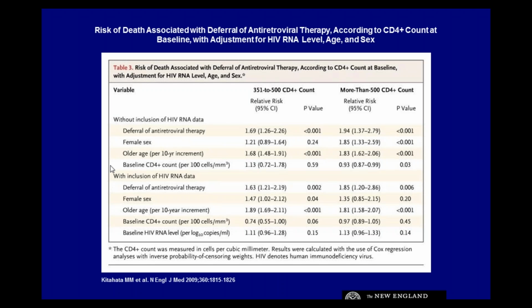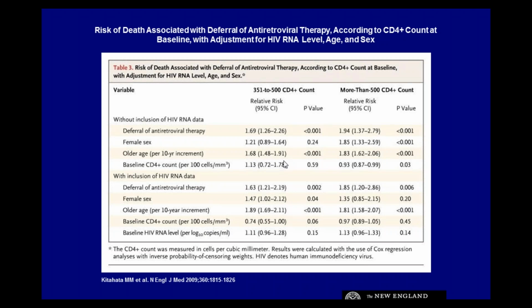Okay, and here's the data in tabular form where you can see the various things. But just look at deferral of antiretroviral therapy: 1.6 times more likely to die. Women were less likely to get treated, and more likely to die.